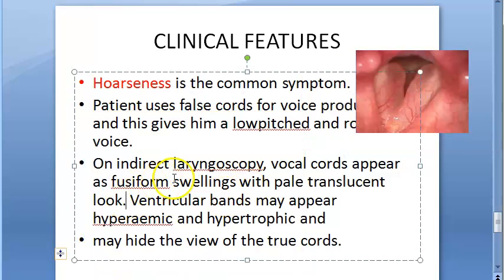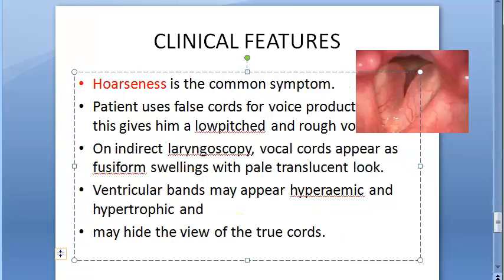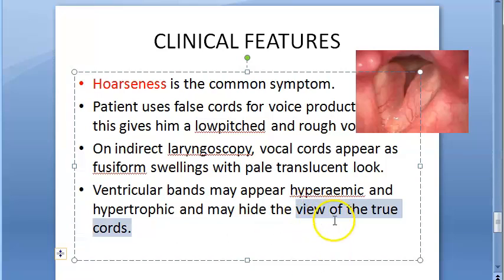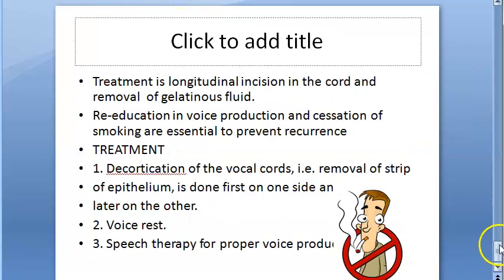Then, ventricular bands may appear hyperemic and hypertrophic and may hide the view of true chords. Okay, we are not going into the details of that.